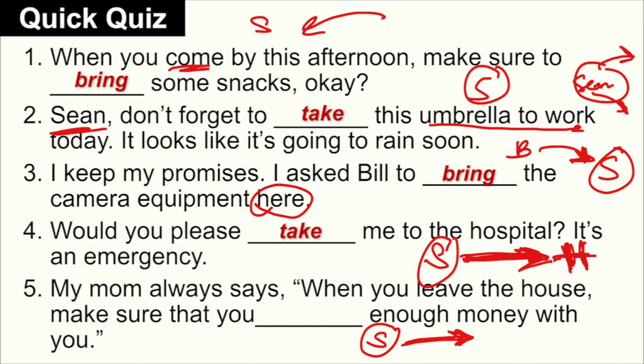So dapat the answer has to be take. Make sure that you take enough money with you. Okay? Kasi palayo sa kung nasaan ka ngayon. Ngayon, nasa house siya eh. So, palabas siya ng house. So, kailangan take. And if you answered bring dito, at dito specifically, you really have to brush up on that kasi yun yung common na error dyan.